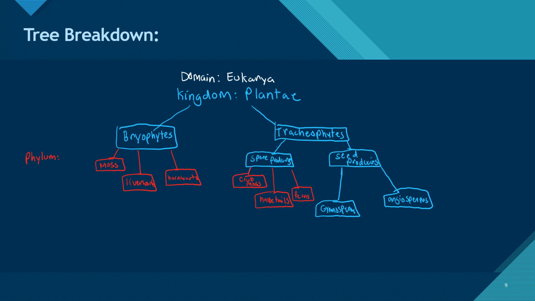On the other side, it breaks down into another little subkingdom, which is the tracheophytes, remember, the vascular plants. Then it gets a little bit more confusing where we break it down into two more categories. Tracheophytes break down into spore producing and seed producing. The spore producing break down into three phylum of its own: club moss, horsetails, and ferns. And then the seed producing breaks down into two more little categories: gymnosperms and angiosperms.